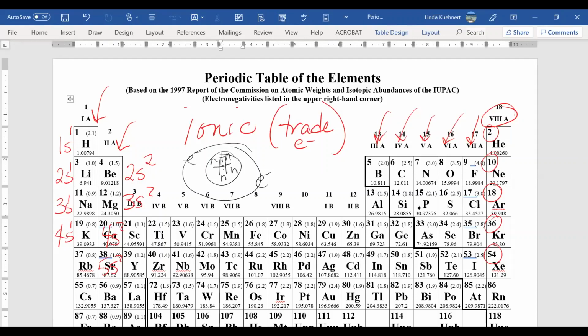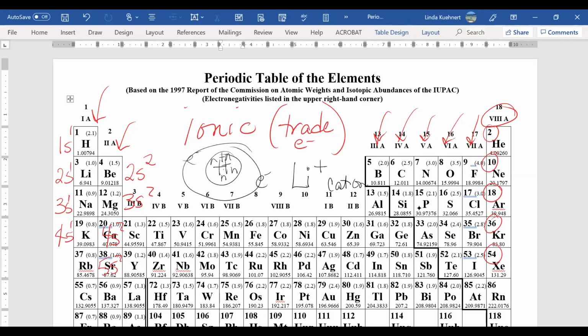Now, because I have 3 positives in the nucleus and 2 negatives, lithium no longer is neutral, but it is a positive ion. It has 1 additional proton that does not have an electron to balance that charge, and we call this a cation.